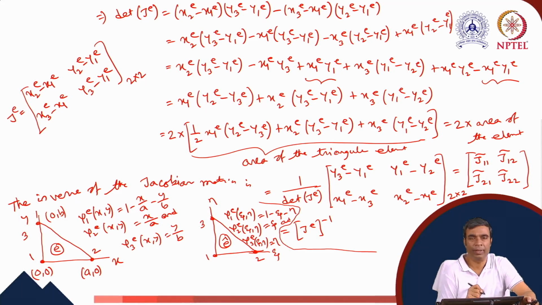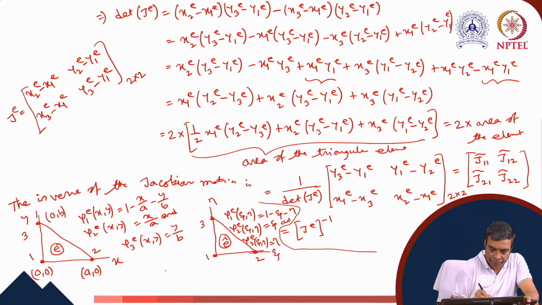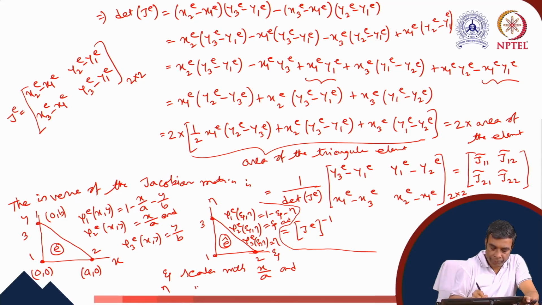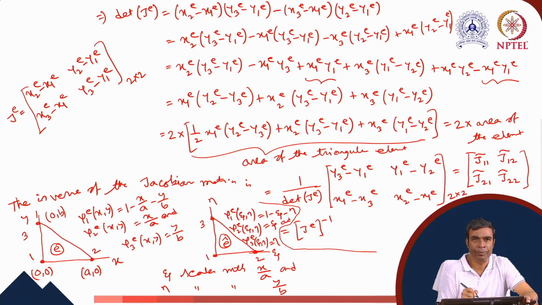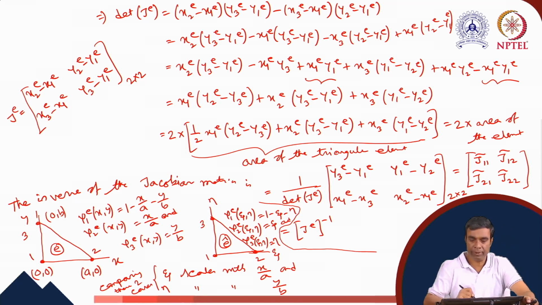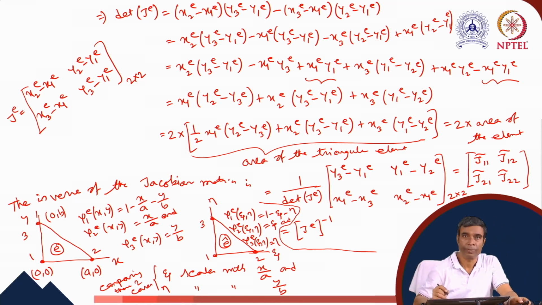If we compare these expressions, we find that xi scales with x by a, the non-dimensional streamwise distance, and eta scales with y by b, the non-dimensional cross-stream distance. We obtain this by comparing these two cases.